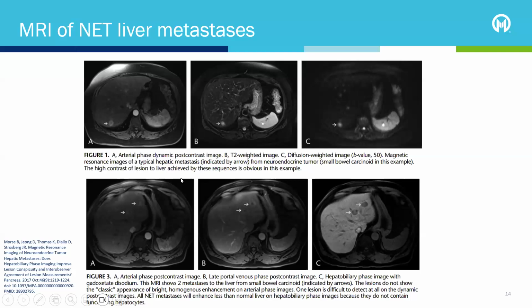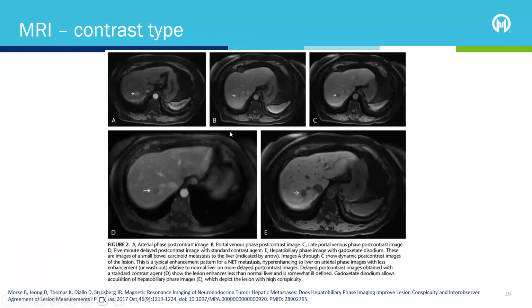But the advantage of EVIST is that we see it on all these phases, and here are some post-contrast images. The lesions are seen, but then the EVIST gives you these really crisp images where there's very high contrast between the metastasis and the adjacent liver. These are examples of non-liver specific contrast agents, and then the EVIST.